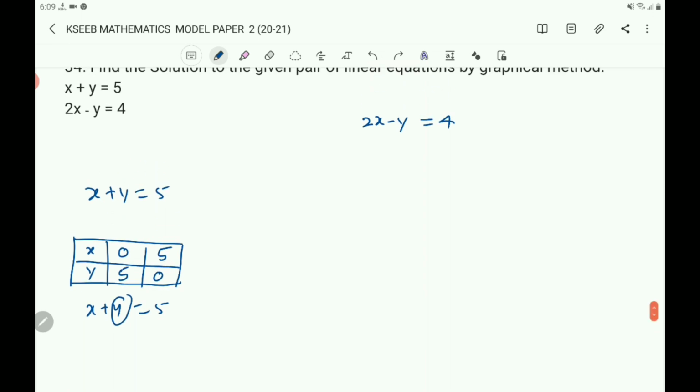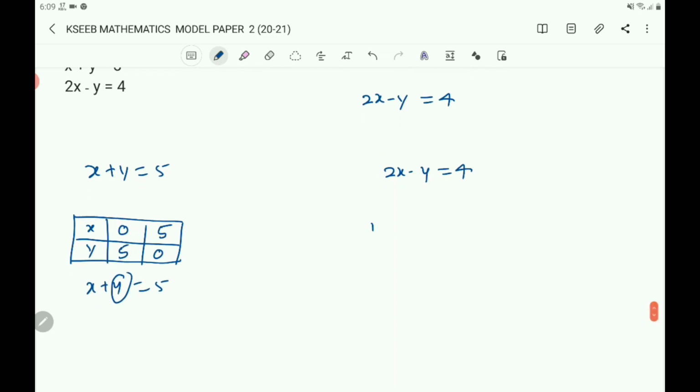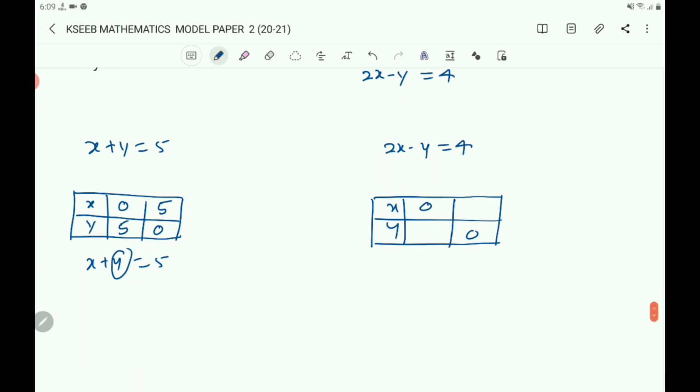Now you take the second equation, that is 2x minus y equals 4. Again you take the same values. Now you take x equals 0, and y equals 0. Then you take 2x minus y equals 4. Then x equals 0 means it becomes 0. So you will get minus y equals 4, that implies y equals minus 4.